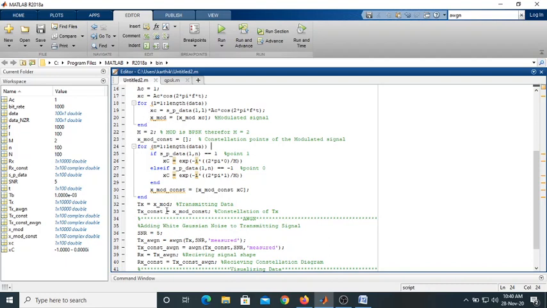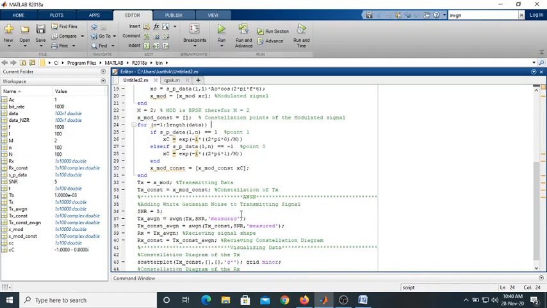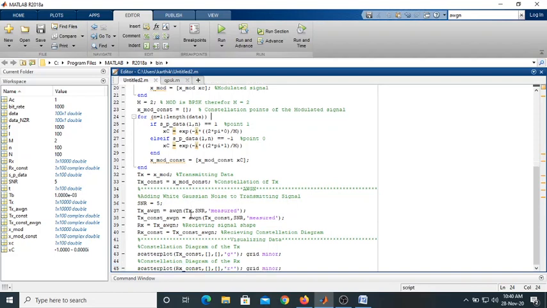Now, this is the constellation of the BPSK. Now, here we are adding noise to the transmitted signals. So here I have taken SNR equal to 5. We consider an AWGN channel.